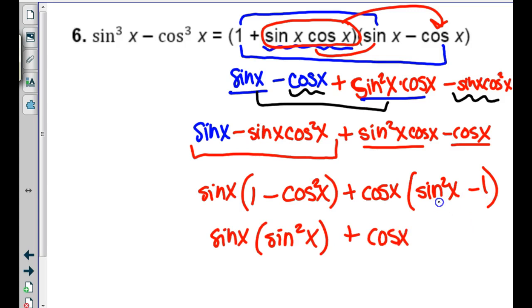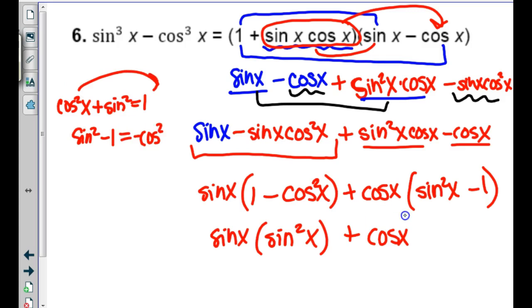What's sine squared minus 1? We just talked about that. Cosine squared plus sine squared equals 1. So if I want a sine squared minus 1, I've got to subtract this guy back that way, so I get a negative cosine squared. So what does that come out to be?